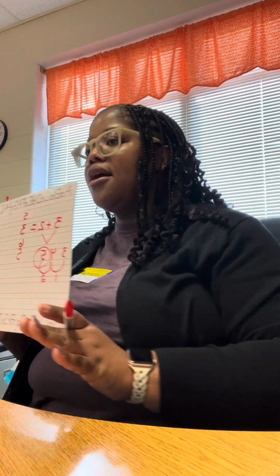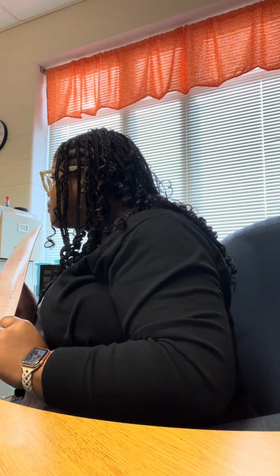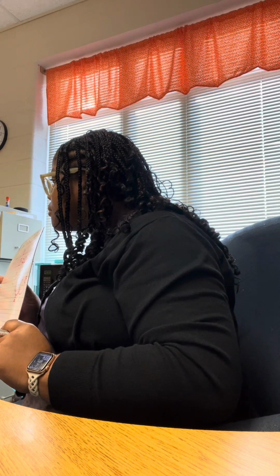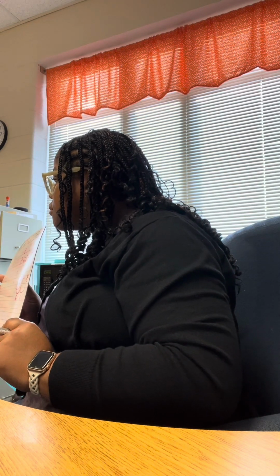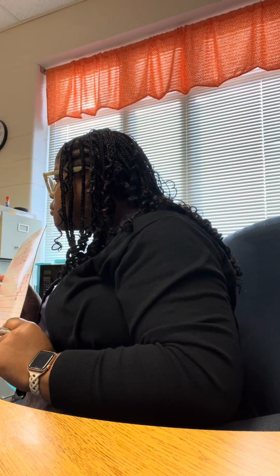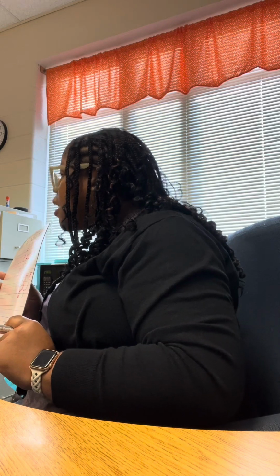How we figured that out? Okay. But it's 5 if you add 2 and 3 together. And what's another way we could have done that problem? Let's think, how many fingers do we have on one hand? 5.